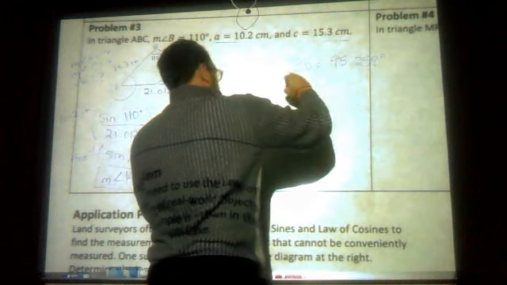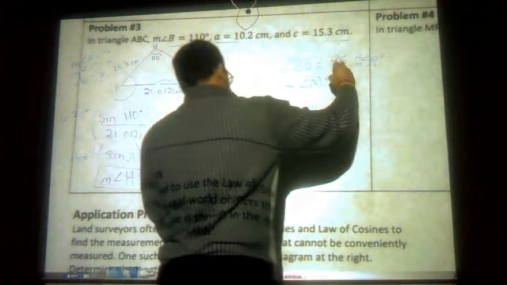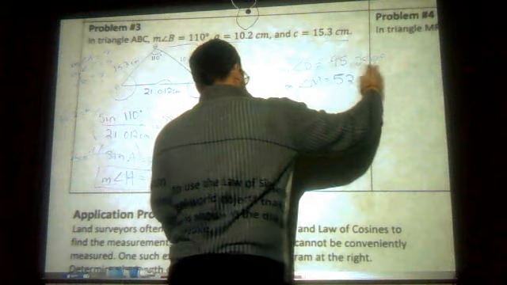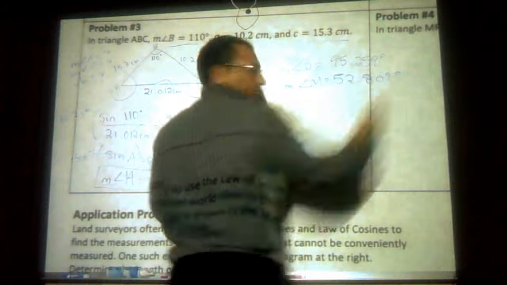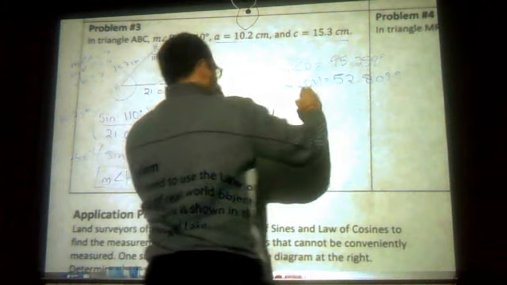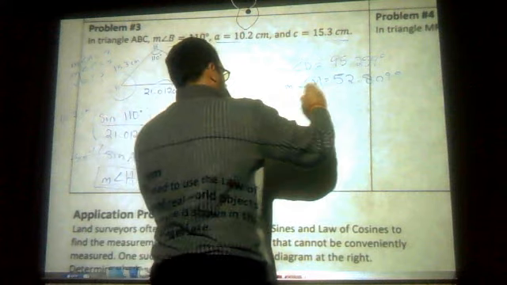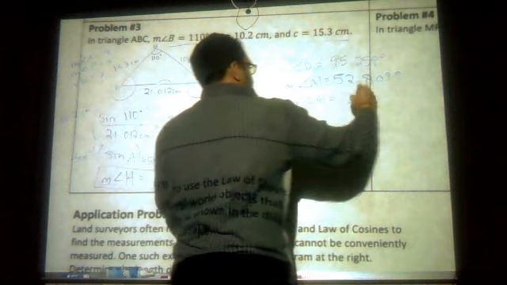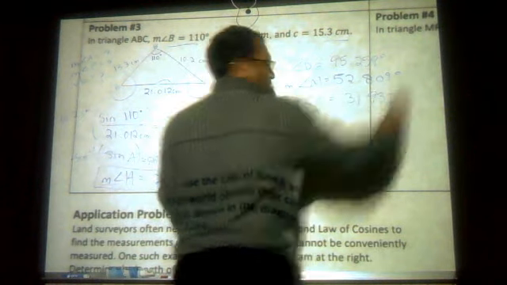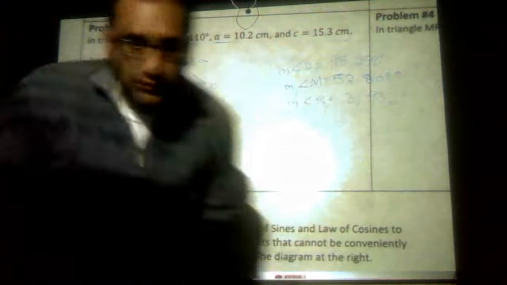The measure of angle M is going to be 52.809 degrees. And the measure of angle R is going to be 31.932 degrees.